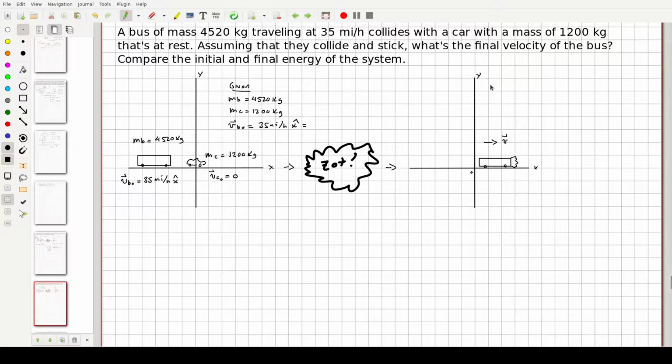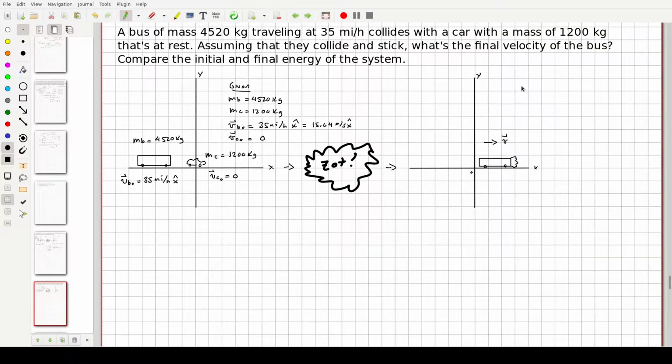If I convert that, it's about 15.64 meters per second. We're also given the initial velocity of the car. That's 0.